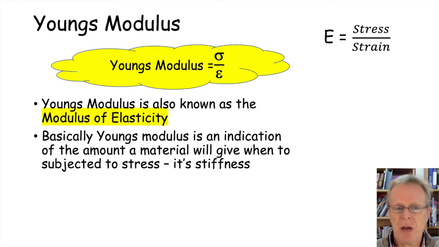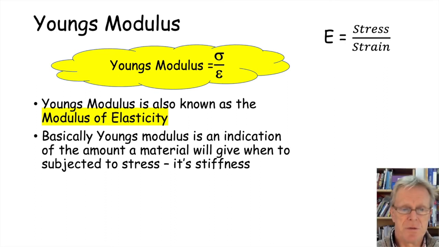So it's got two names, which can be a little bit confusing, but Young's modulus is the one that the exam board is using, so we'll stick with Young's modulus. And basically, this is a property of a material, and all materials have a Young's modulus, and it's an indication really of how stiff the material is, how much it deforms under a certain load.